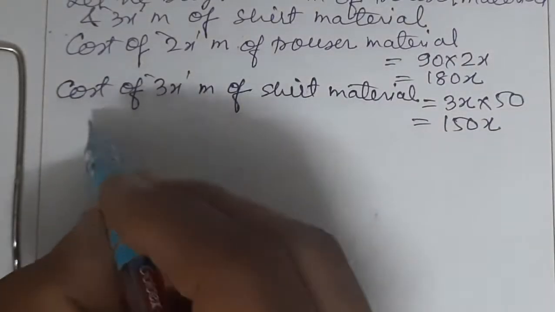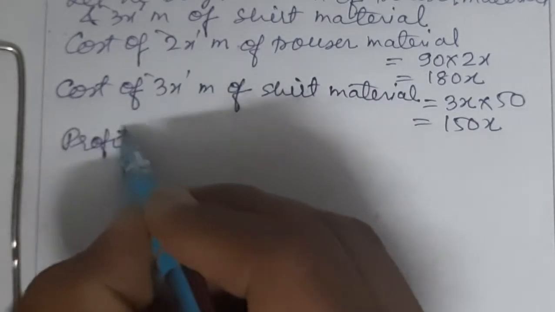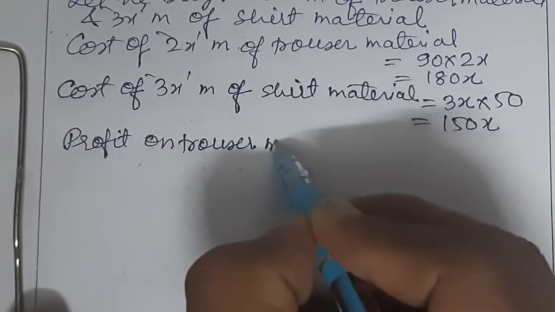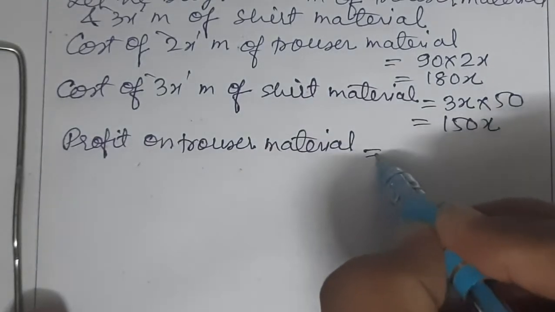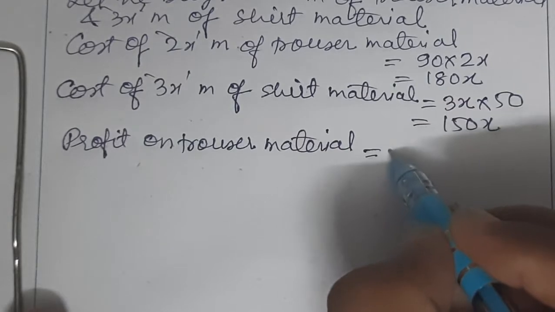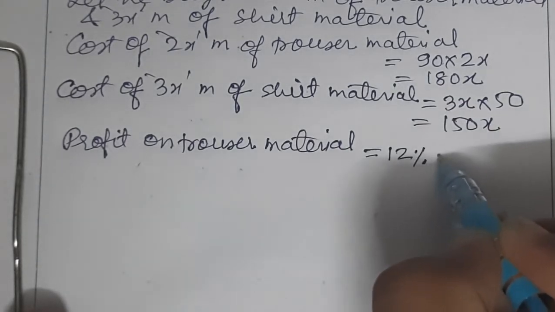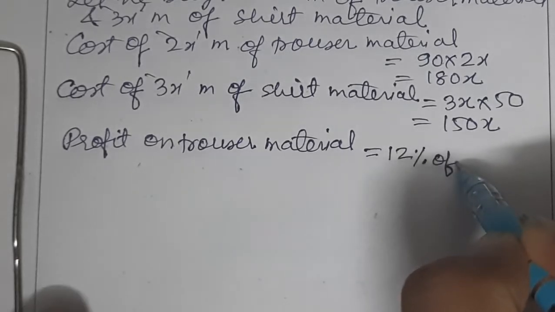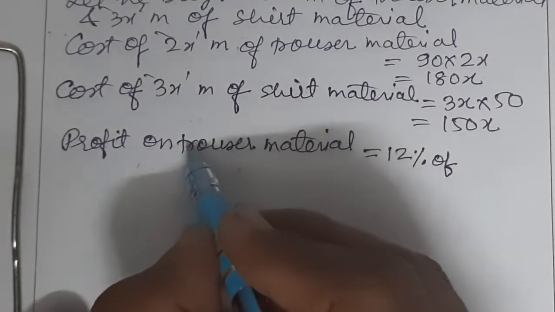Now, profit on trouser material. Profit equals profit percent of cost price. So 12% of... profit on, first we have to find out shirt.